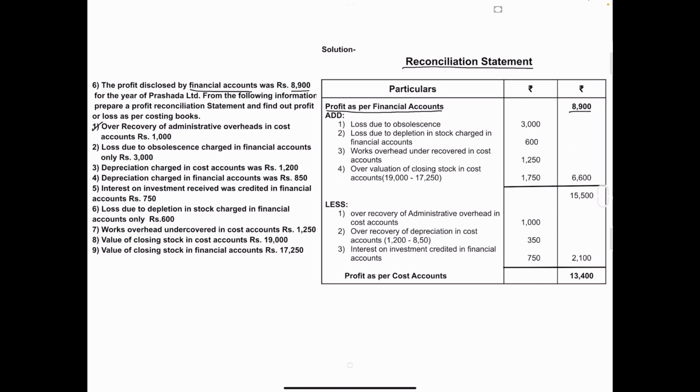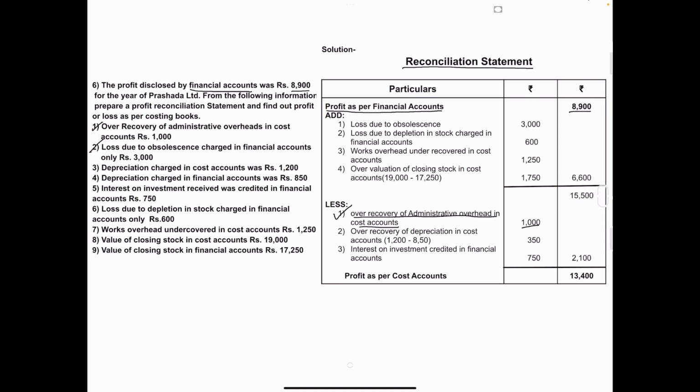Any over recovery or over absorption of any overhead in cost accounts is to be deducted when you take profit as per financial accounts as the base of this statement. So write in less number 1, over recovery of administrative overhead in cost accounts and the amount 1,000.